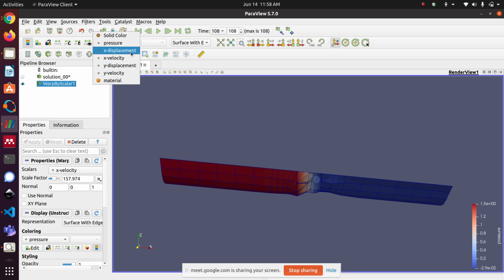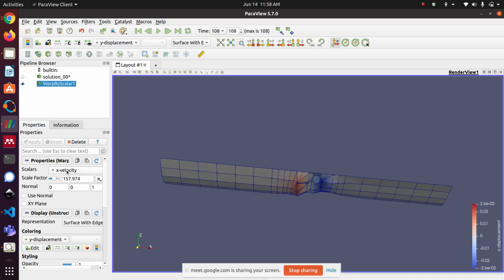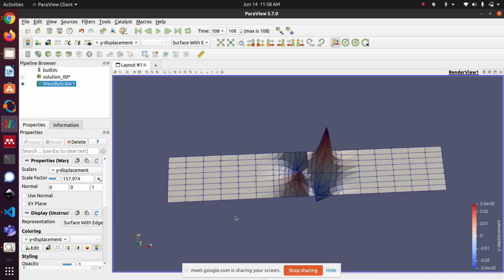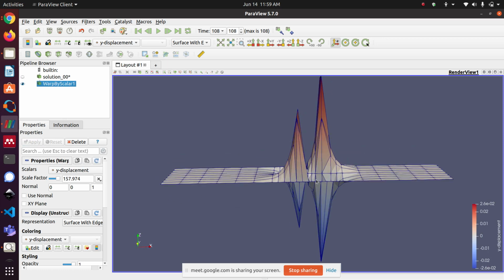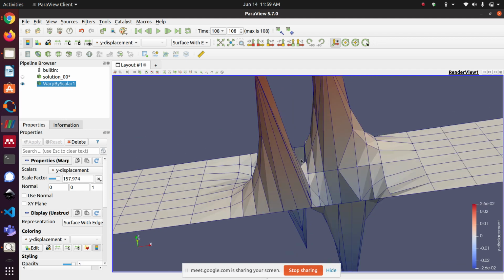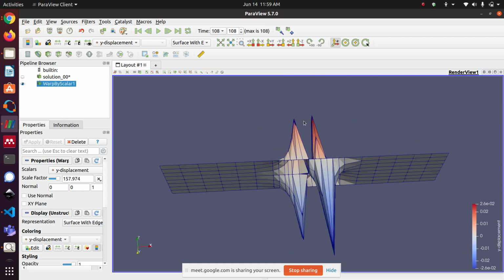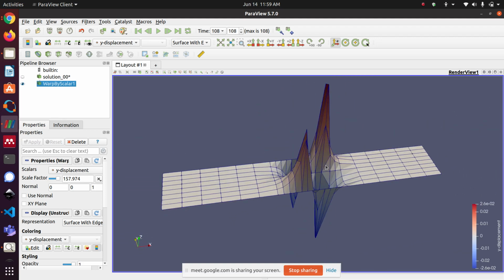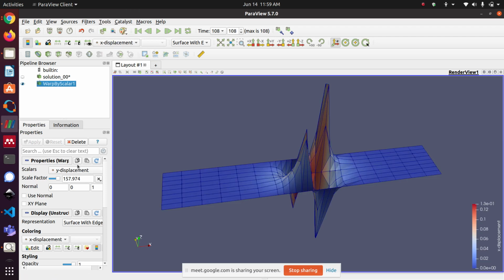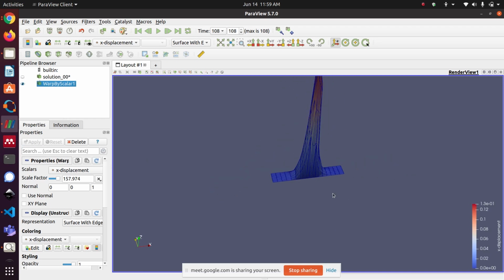I can see, for example, y displacement. There is no displacement in the fluid part, and in the solid part there is displacement in either direction. This is simply y displacement. For x displacement, the plot looks something like that.